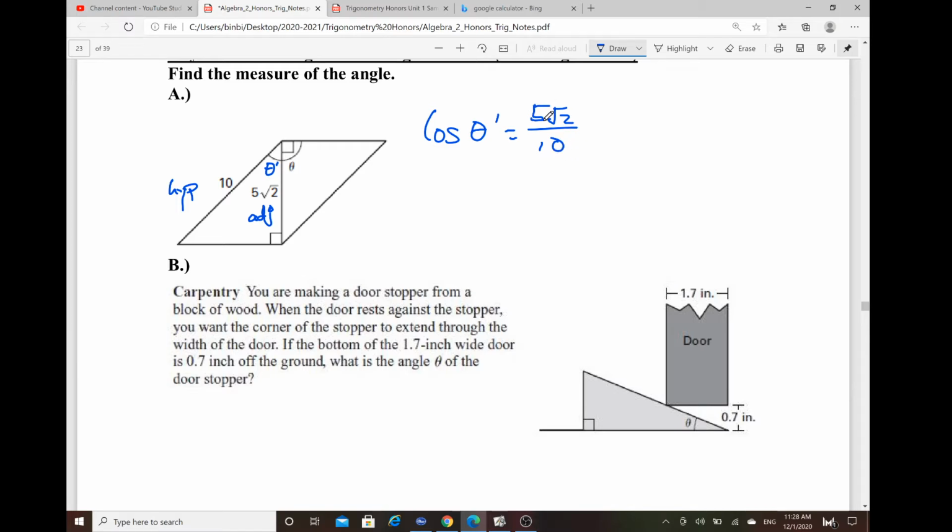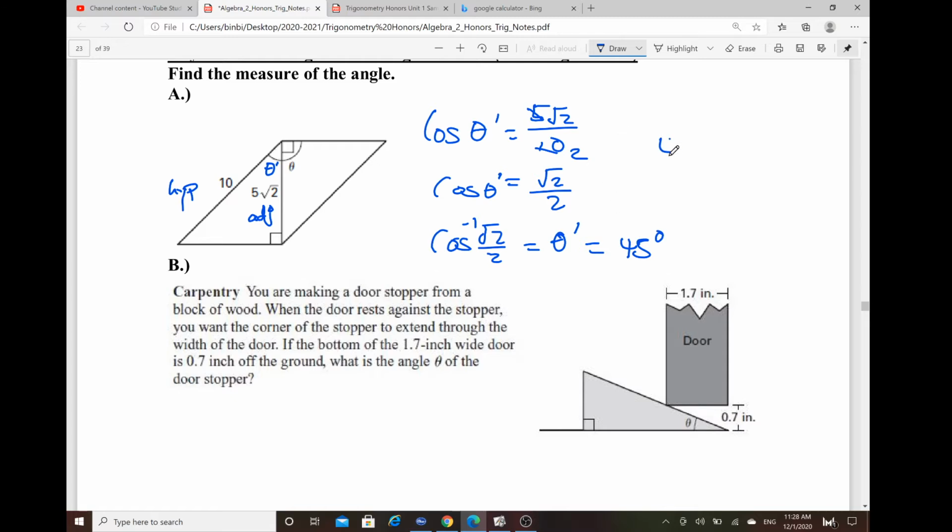Once you reduce, this is root 2 over 2. And one thing that we notice, inverse of root 2 over 2 is considered 45 degrees. So theta prime is 45 degrees.